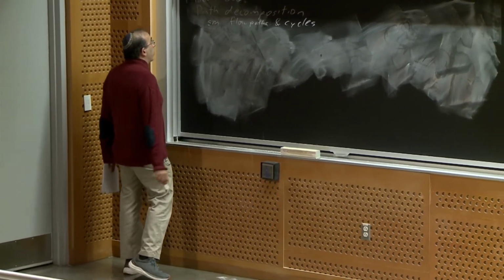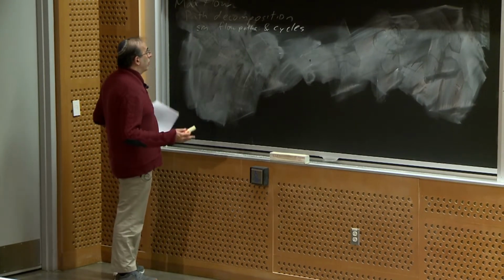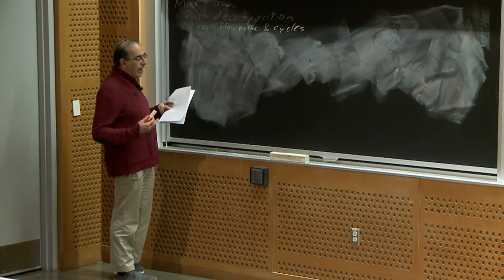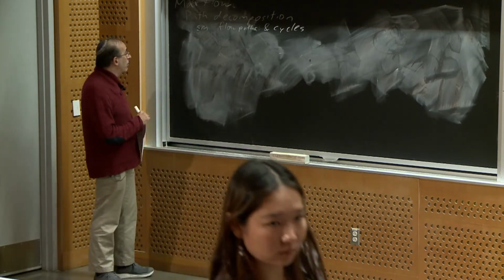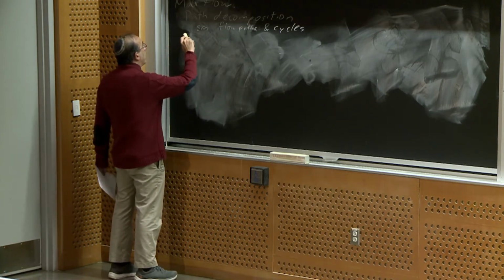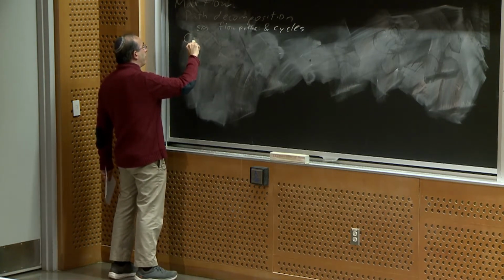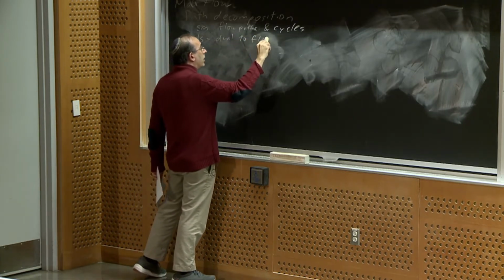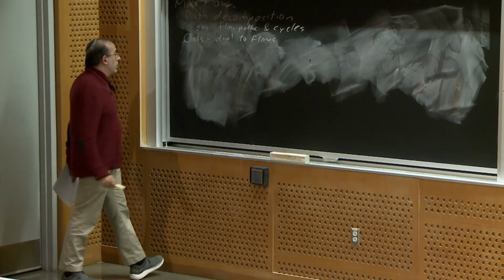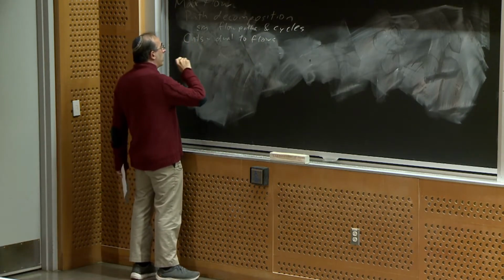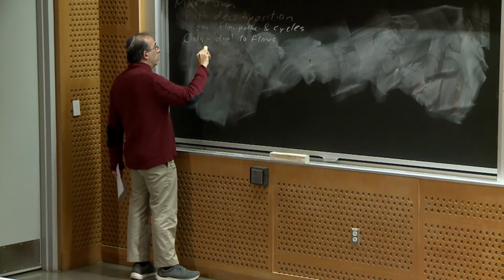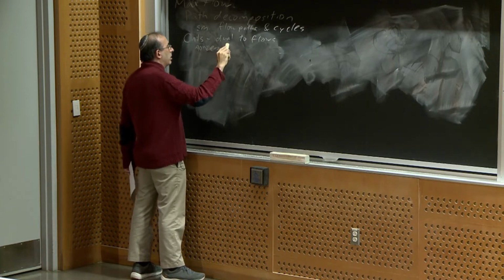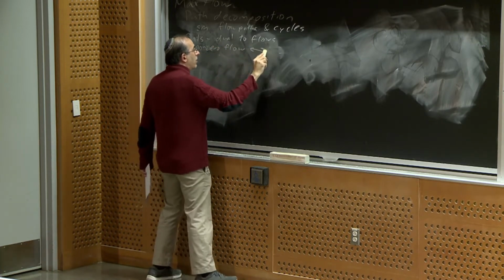Then we talked about deciding when there's a non-zero flow in a graph, right? And that led us to the notion of cuts, which are these things that are dual to flows. The argument that we showed last time was that there is a non-zero flow if there's no cut.